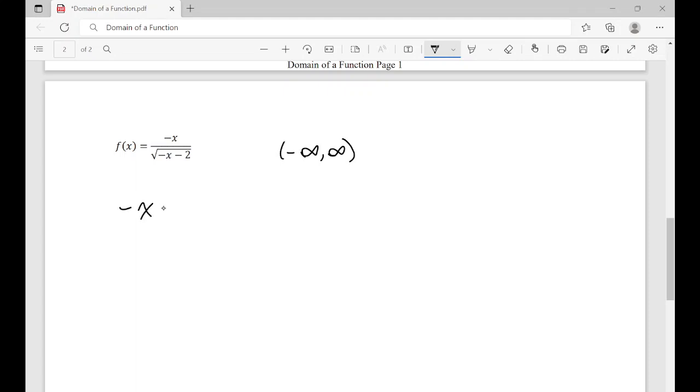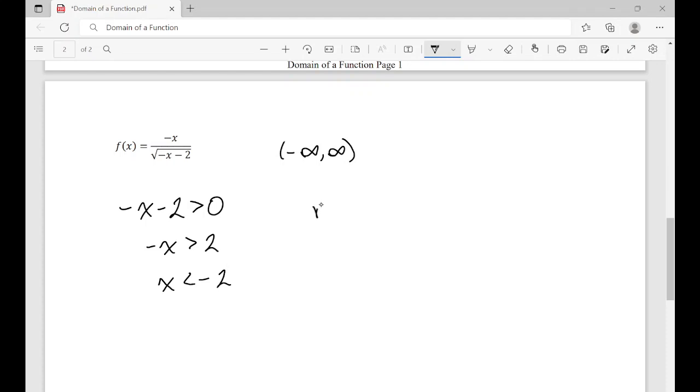We're going to take the bottom without the square root, and instead of setting this greater than or equal to, we're just going to set it greater than 0 because we need to get rid of the equal to part. And then from here, we just solve. Add 2 over, negative x is greater than positive 2, and divide by a negative 1, x is going to be less than negative 2.